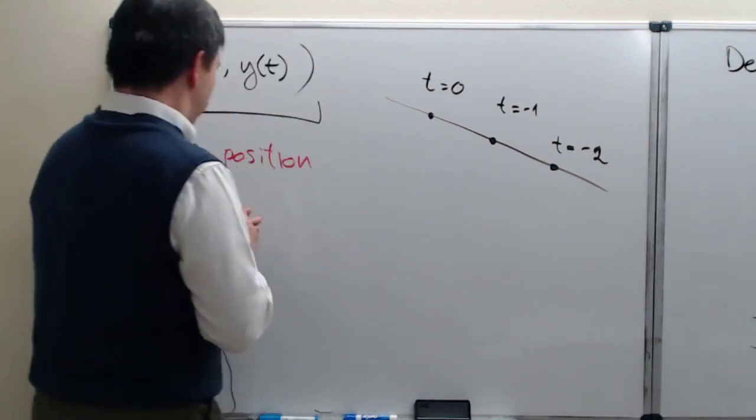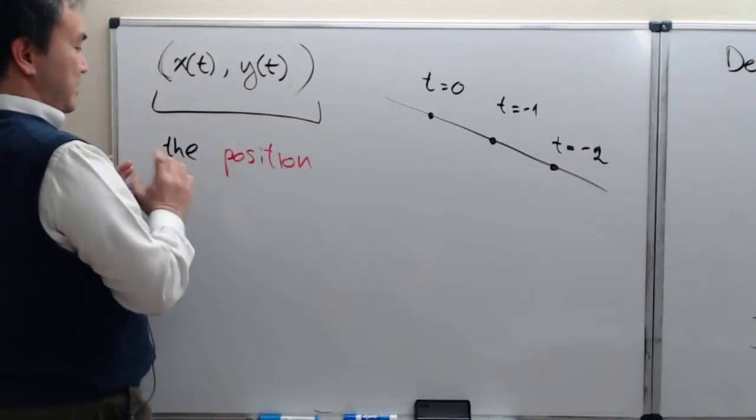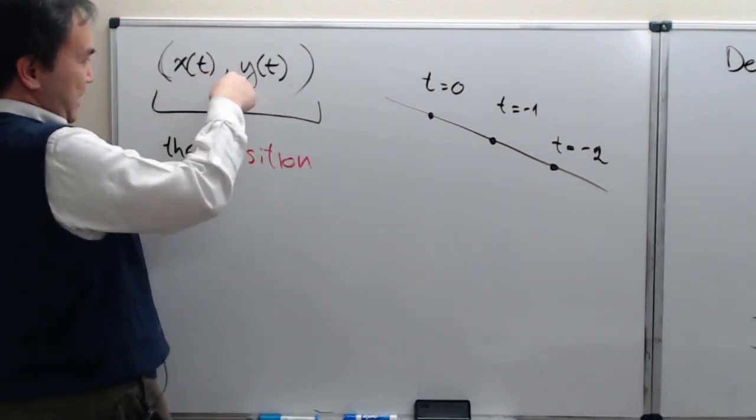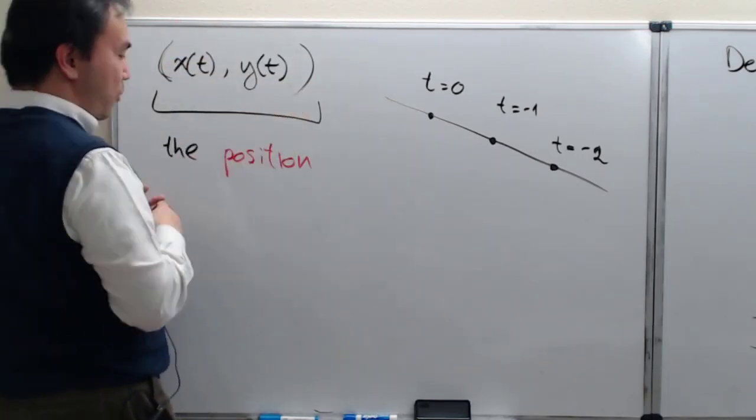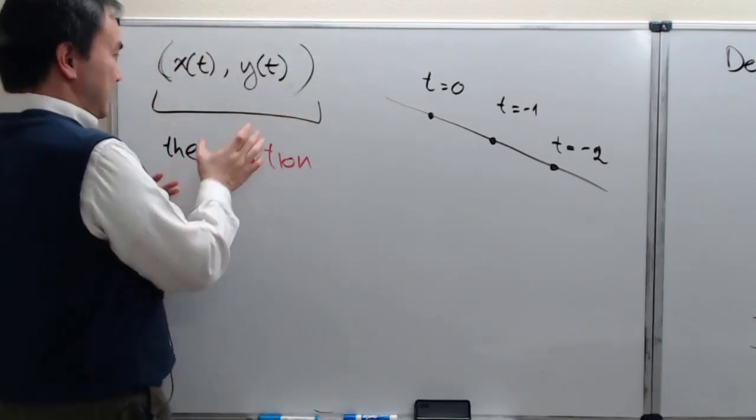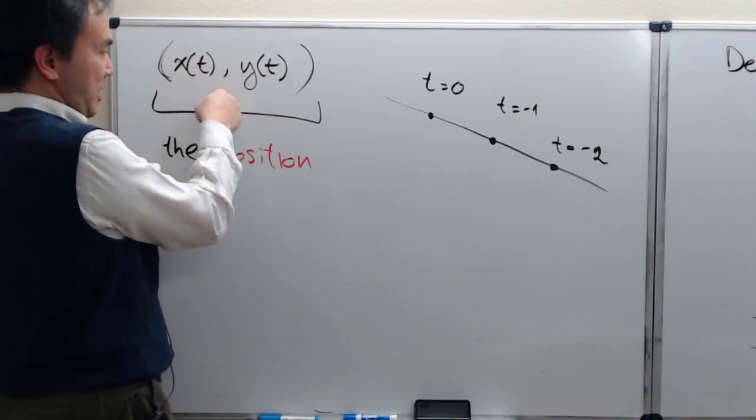Now back to what I was in the middle of saying. When we put the x function and the y function together as a pair of coordinates, it generally describes this pair, x of t comma y of t.